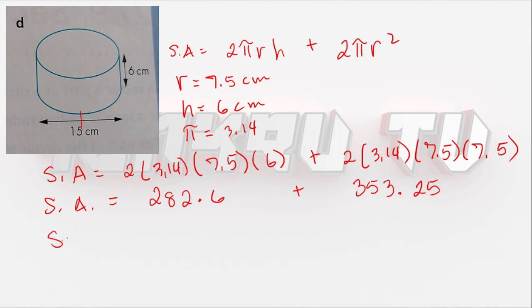So, ang ating sagot dito sa cylinder na to, ang surface area ng ating cylinder for this example is 635.85 square centimeter. Okay, 635.85 square centimeter is the surface area for this cylinder. Okay, next move on to sphere.